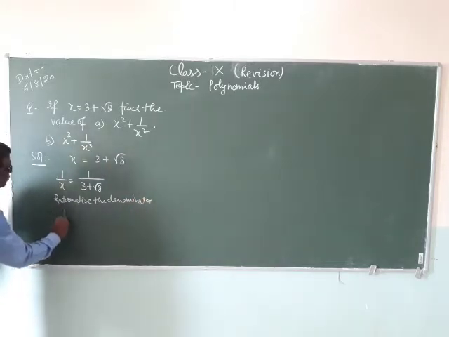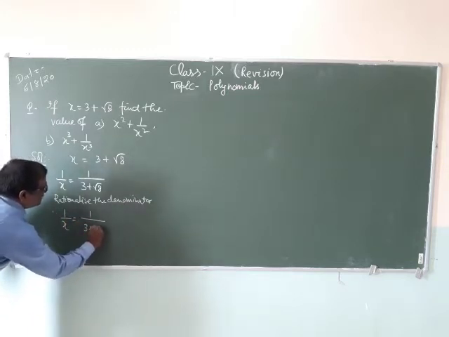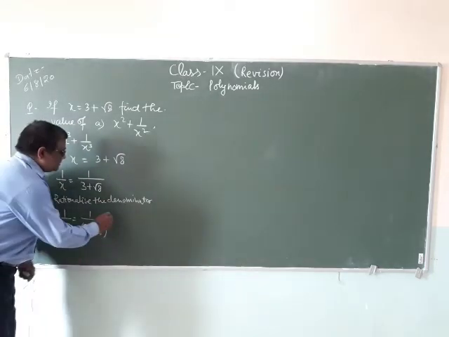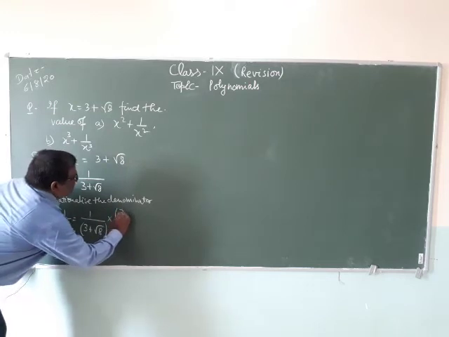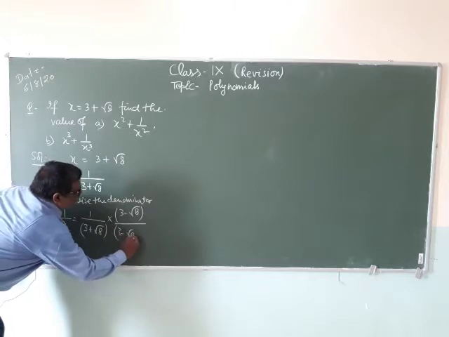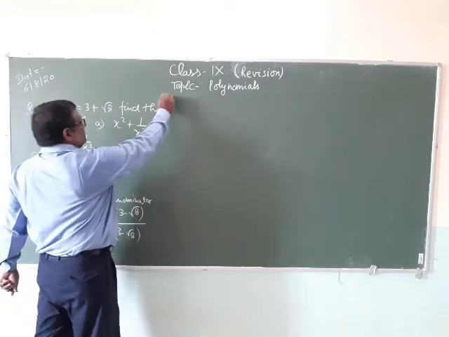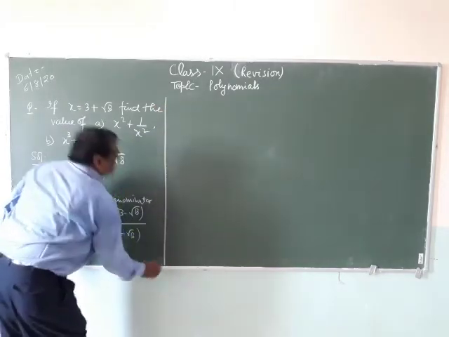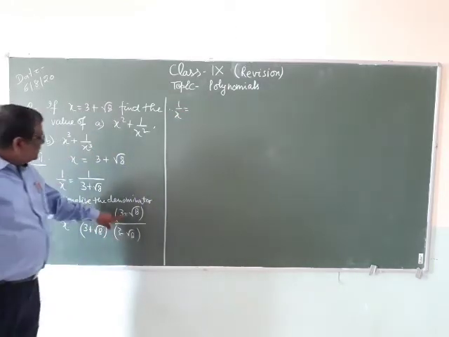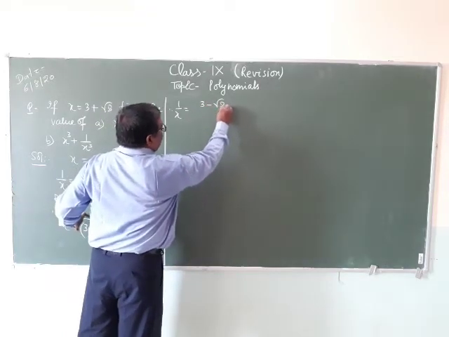Therefore 1 upon x is equal to 1 by 3 plus root 8 into 3 minus root 8 upon 3 minus root 8. So 1 upon x is equal to 3 minus root 8 in the numerator.